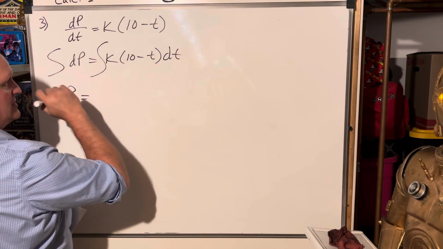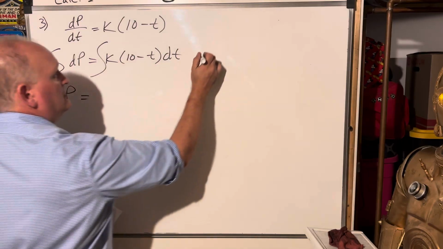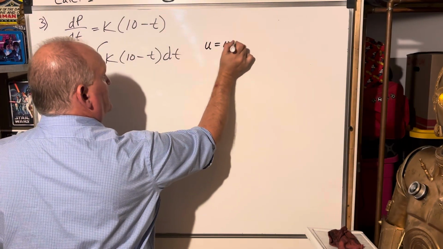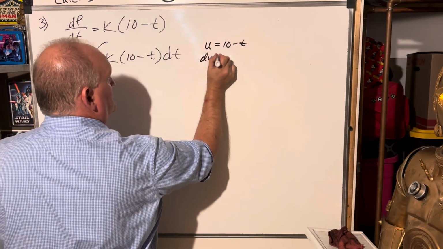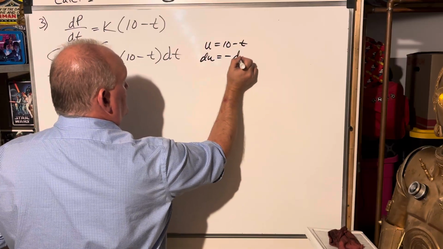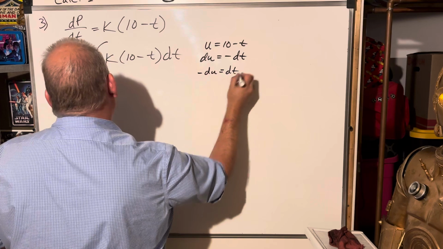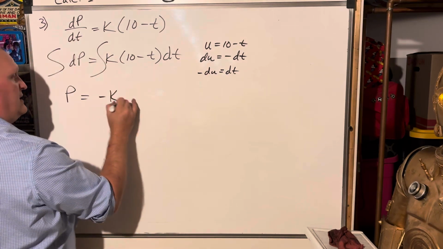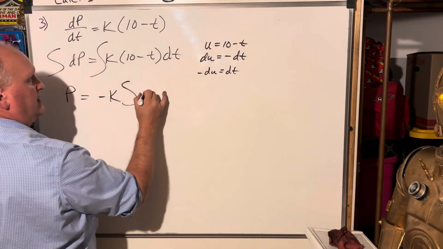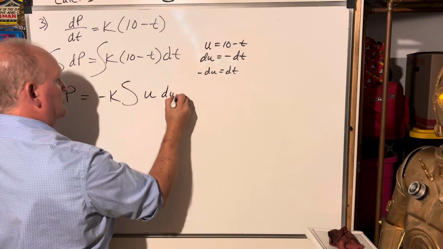So remember k is just a constant, so u is equal to 10 minus t, so du is equal to negative dt. So negative du is equal to dt. So negative k integral of u du.